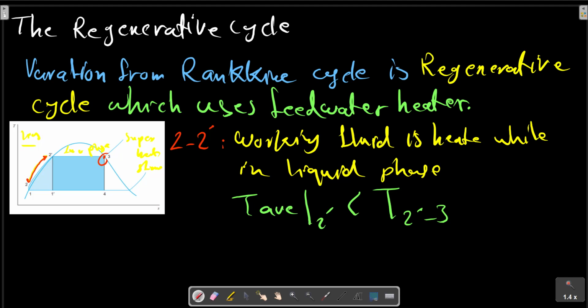The process between state 2 and 2 prime causes the average temperature at which heat is supplied in the Rankine cycle to be lower than in the Carnot cycle.